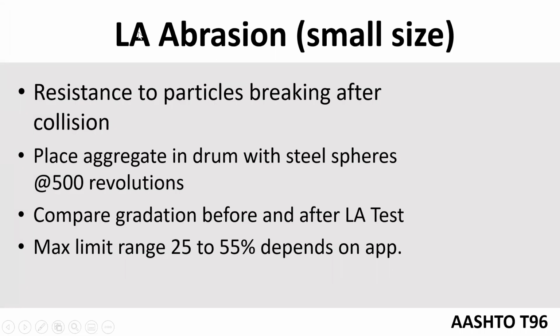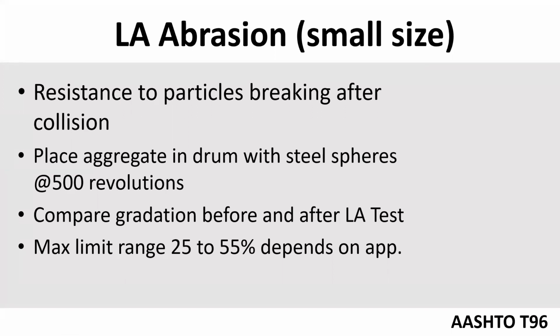All right, so abrasion, again, we talked about the resistance to particles breaking. You put a known gradation into this big drum with a bunch of steel spheres, and you go for 500 revolutions.